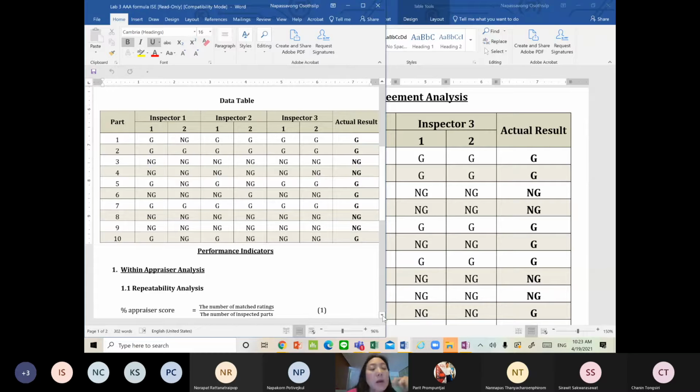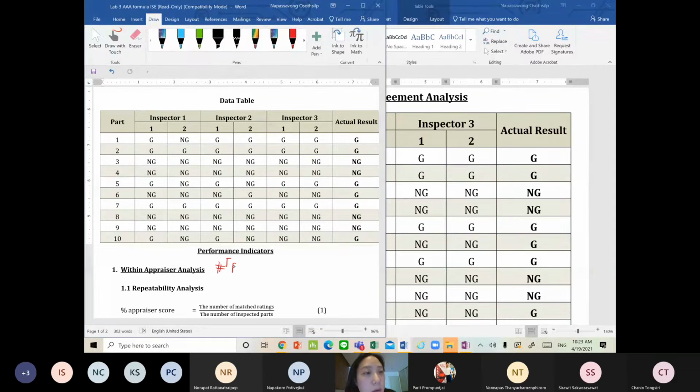Okay, Norapatka, can you find percent IFA for inspector 1? This is 42%.